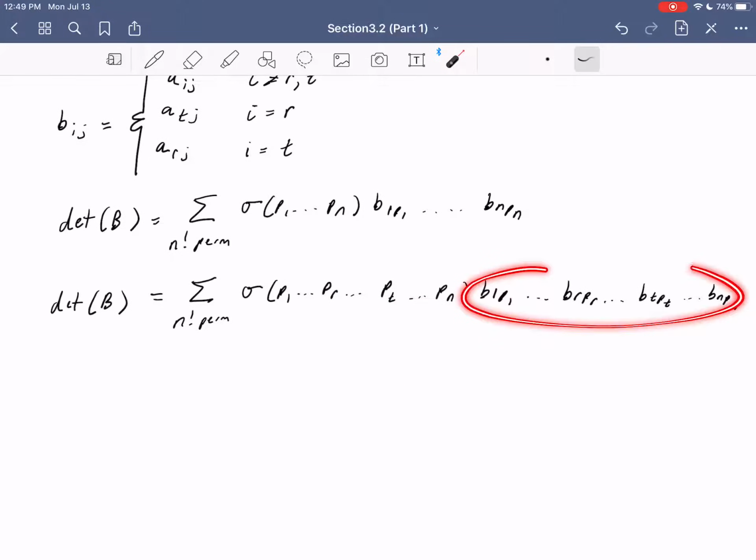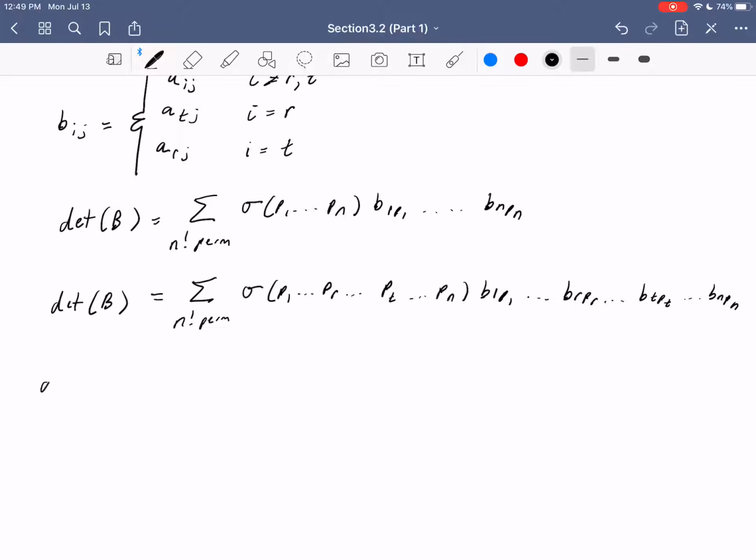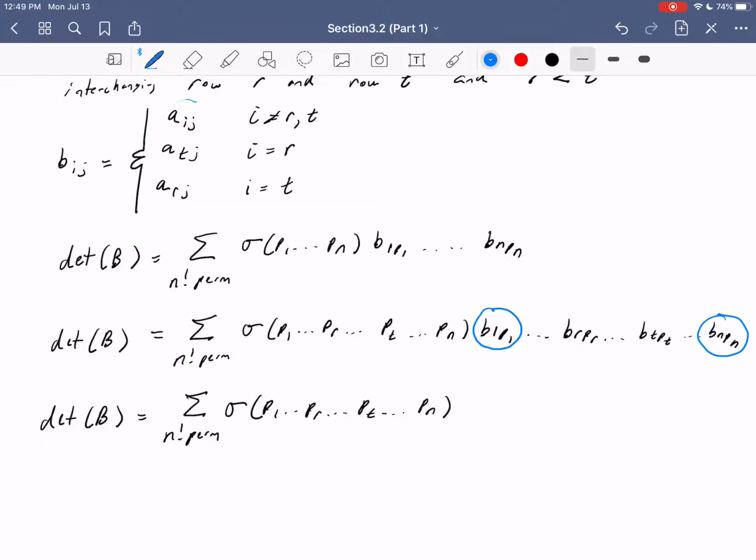Okay, let's replace these in terms of A. The determinant of B is the sum over those n factorial permutations, with the sign of the permutation, times A1,P1, and down here AN,PN.